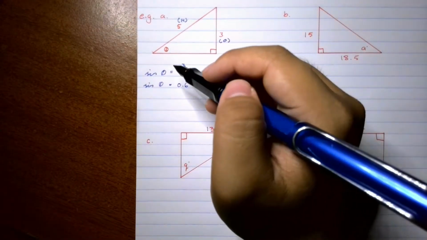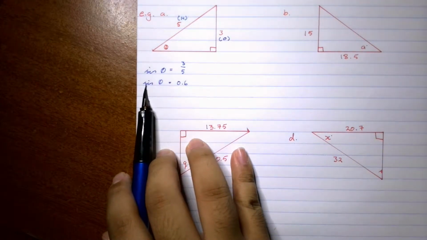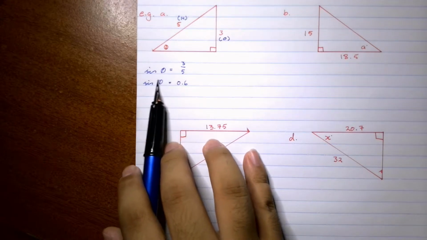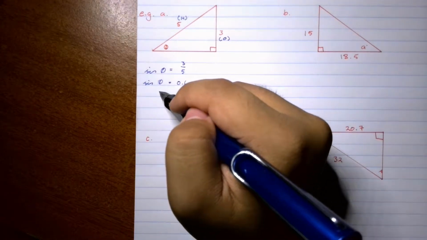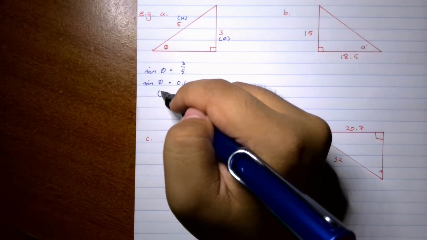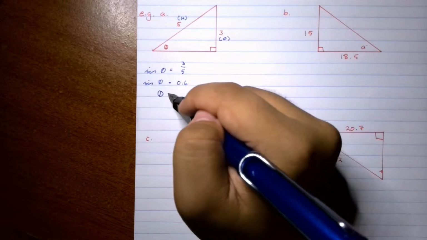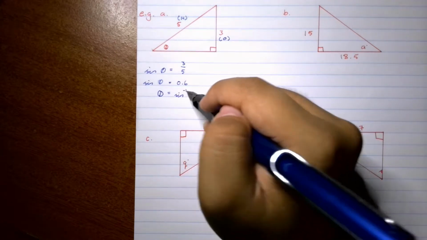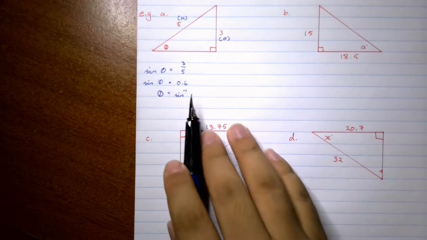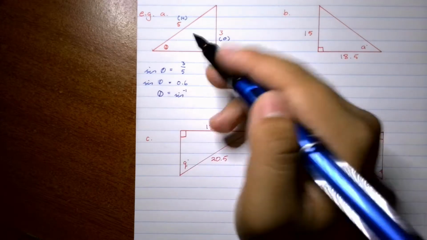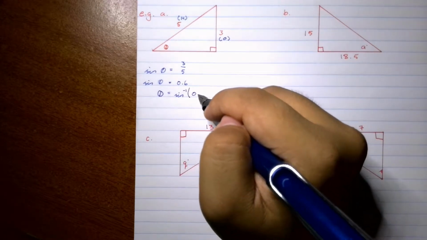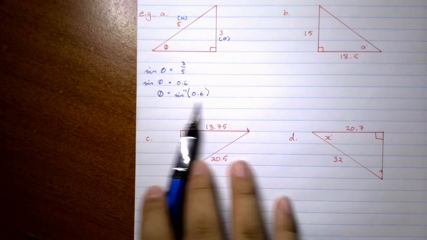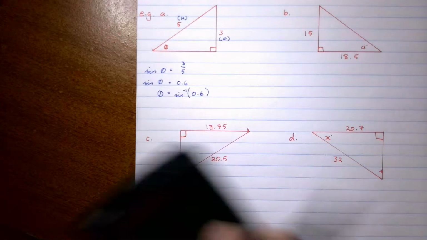Now, here's how we use inverse sine to solve for the value of theta. It's going to look a little bit weird, but bear with me. Theta is equal to sine inverse, so sine with the index of -1, of 0.6.